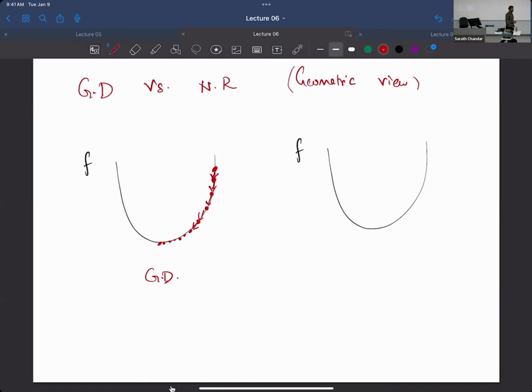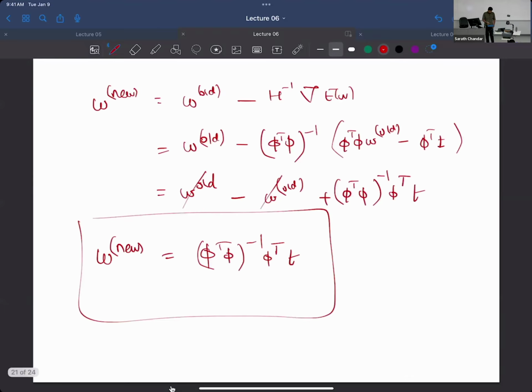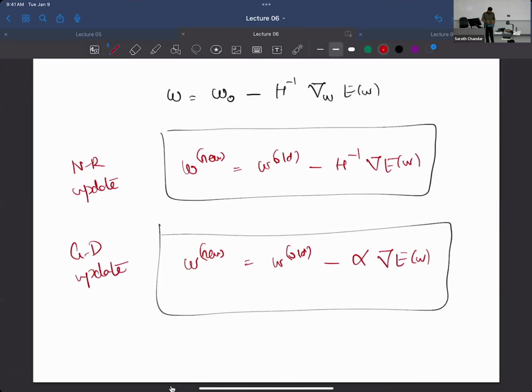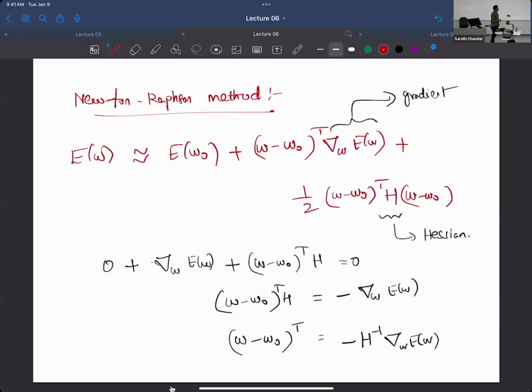Now, what Newton-Raphson is trying to do, if we go back to the Taylor approximation, is make an approximation of the error function to be quadratic.